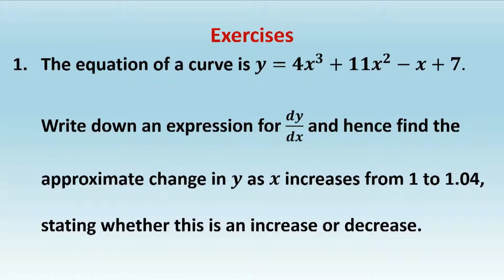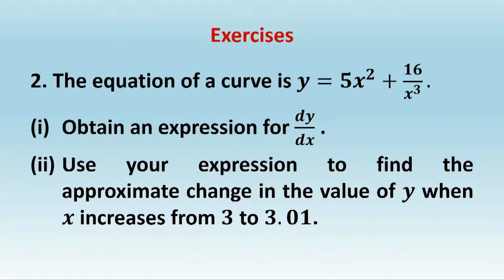Now that we have done a few examples, you can try these exercises on your own. Number 1. The equation of a curve is y equal to 4x cubed plus 11x squared minus x plus 7. Write down an expression for dy by dx and hence find the approximate change in y as x increases from 1 to 1.04, stating whether there is an increase or decrease.